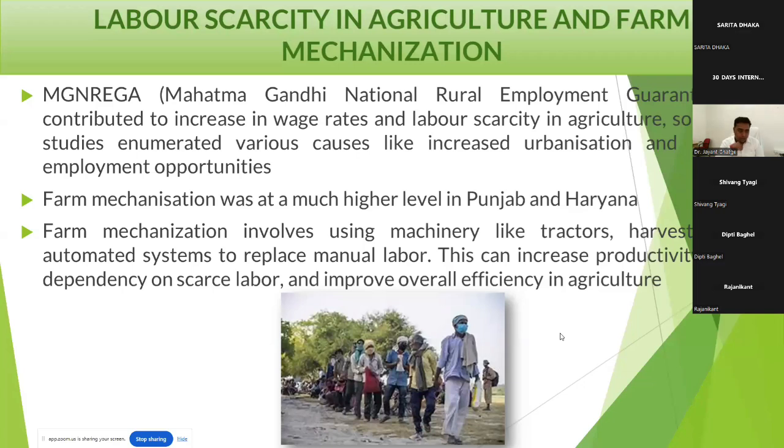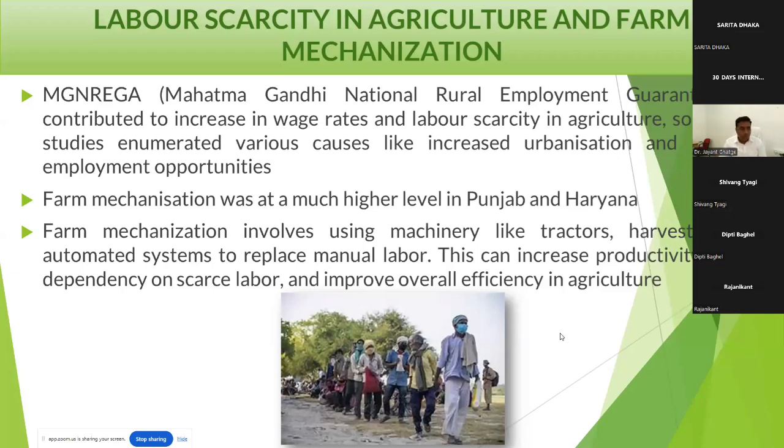But if we are promoting farm mechanization, there is a need to familiarize with the different operation, maintenance, and the use of these advanced technologies.